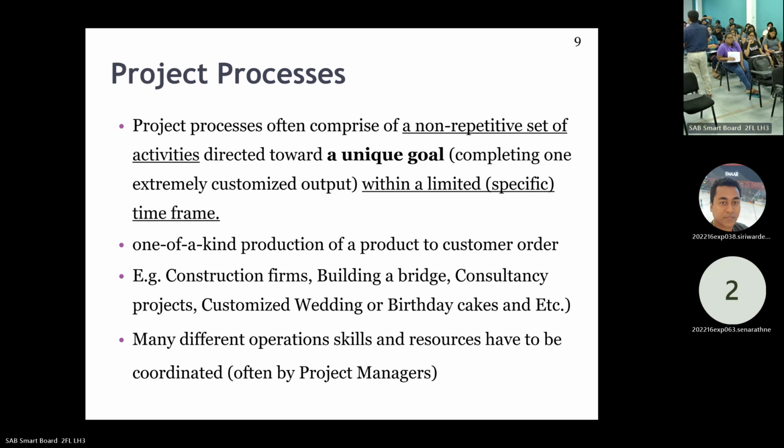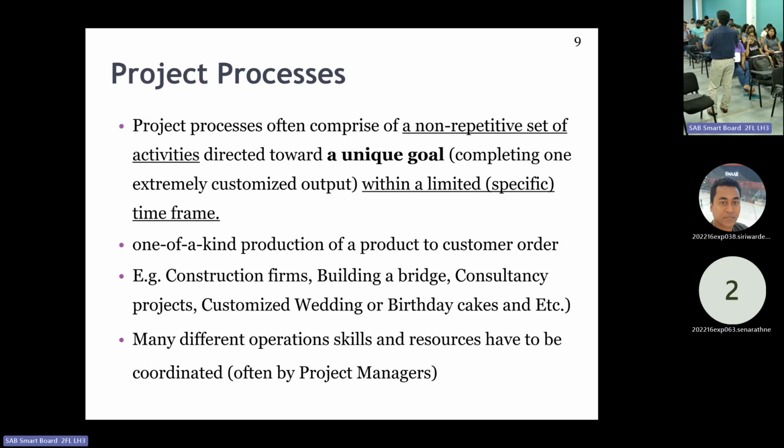A flyover over a junction, one only. An airport, one only. A large scale ship requires a project process.